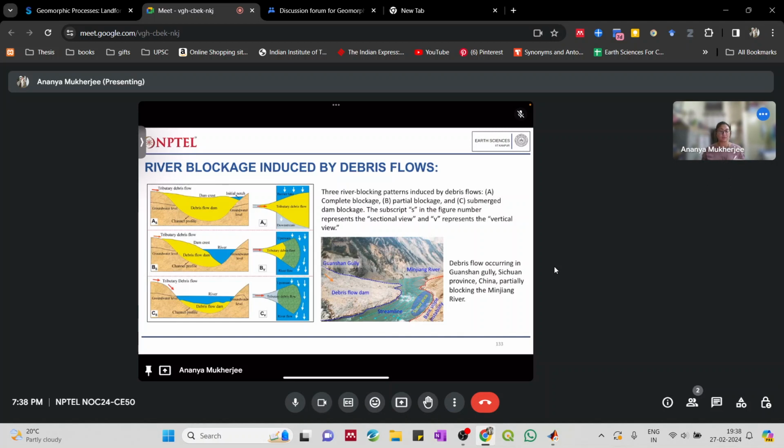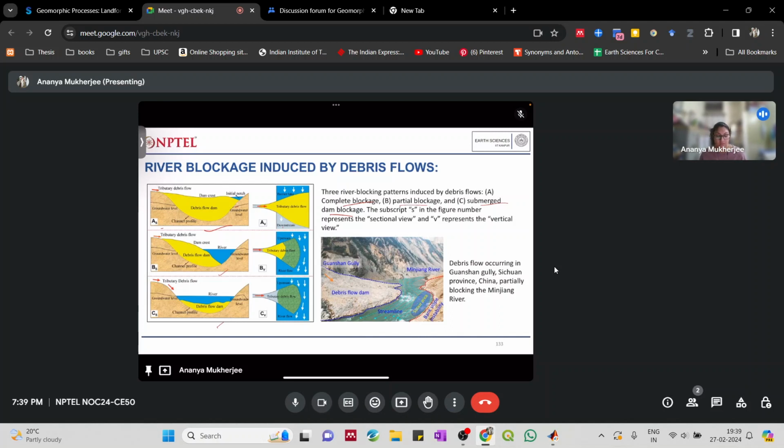So you can have complete blockage, partial blockage, and submerged dam blockage. So you can see the cross sectional area of these. In complete blockage, in the downstream region there is not much flow of the river. In the partial blockage, only at one side, the head portion of the debris flow, can the water pass through.